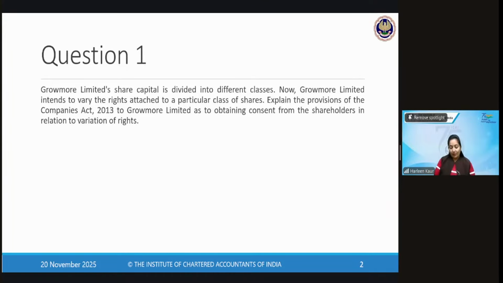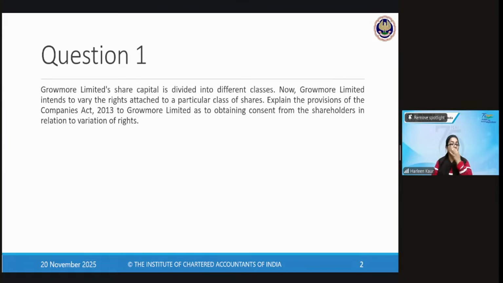Now tell me one thing, are you going to explain the entire Section 48 or will you give them a briefing? If it is a 5 marks question or a 3 marks question, you have to write in detail about Section 48, because that is what he's asking you about: the consent from the shareholders, whether it is required or not. So what will be your major answer?